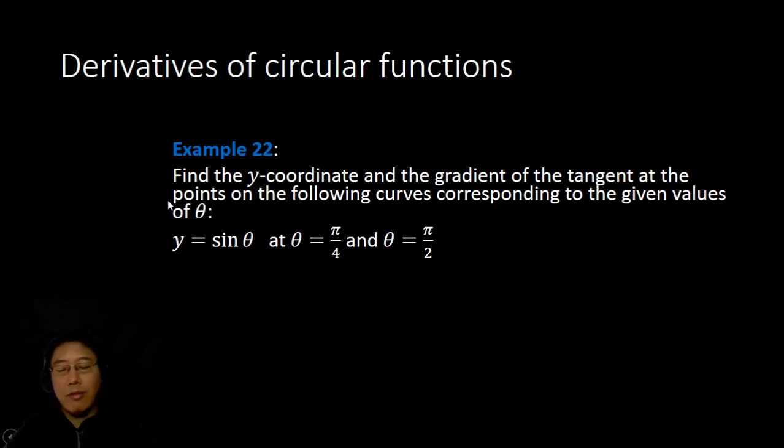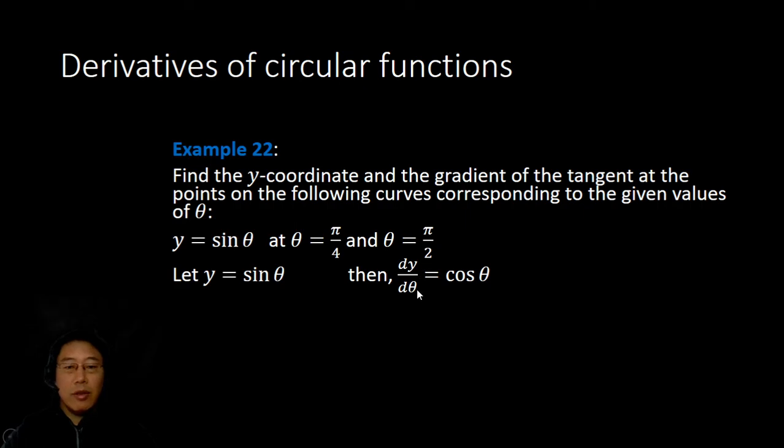Just be mindful, the notation may vary, but mentally think that's my x. So y equals sine of theta, that's the y coordinate. The gradient is going to be dy over d theta, and we'll substitute those two values. Y equals sine of theta, dy over d theta is cos of theta.